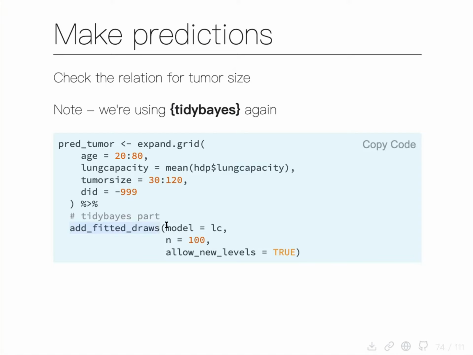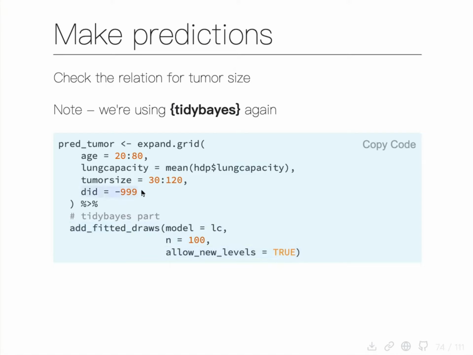The second argument is the model, which I'm saying is LC, our lung cancer model that I fit before. And then we're going to say N, how many new samples do you want? How many predictions do you want? So I'm just saying 100 to make it relatively small, right? And then allow new levels equals true.